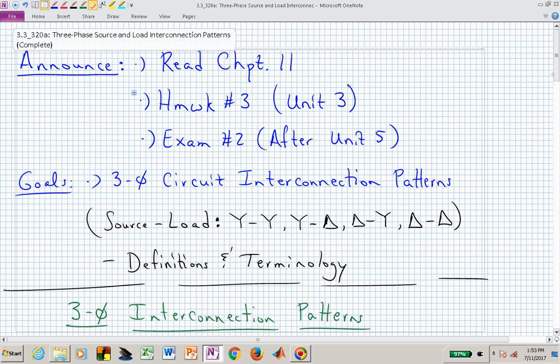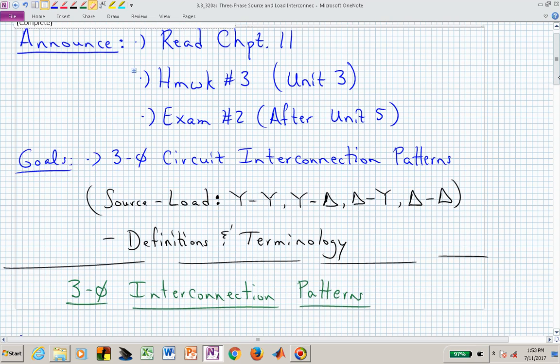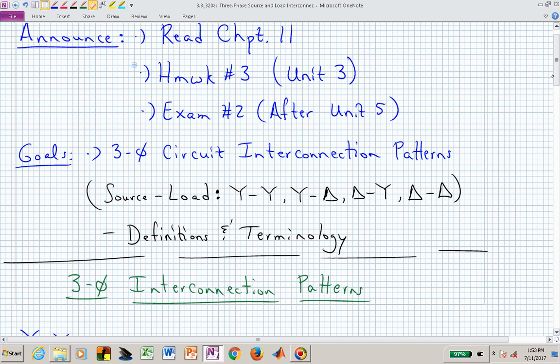We are in Unit 3, and in this video we want to pick up where we left off last time. Last time we just discussed the wirings of sources and loads, be that in a Y configuration or a delta configuration, and we mentioned the 4 different possible combinations of interconnections that could exist with those wirings of the source and the load.